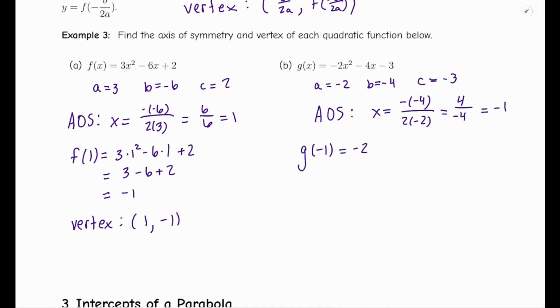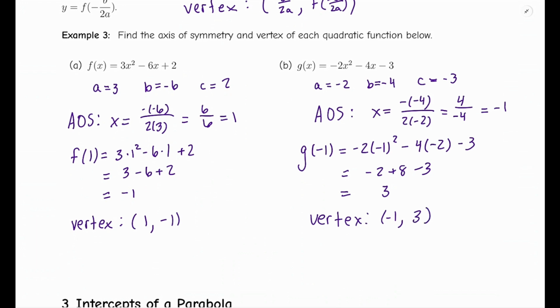So we get -2 times -1 squared minus 4 times -1 minus 3, which is -2 plus 4 minus 3... so the vertex has the coordinates -1 from the axis of symmetry and 3 from our calculations.